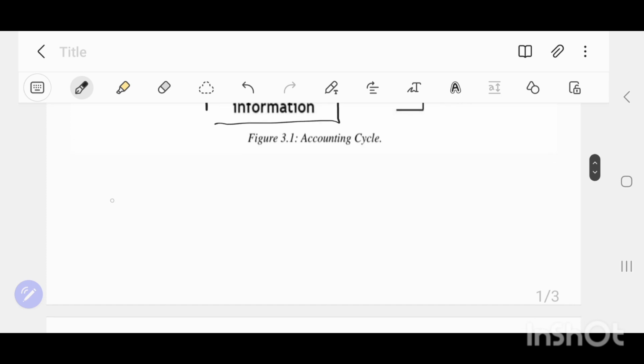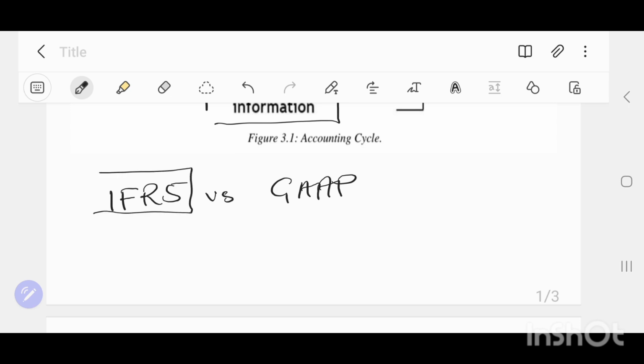there's something called IFRS and GAAP principles. So what is IFRS?